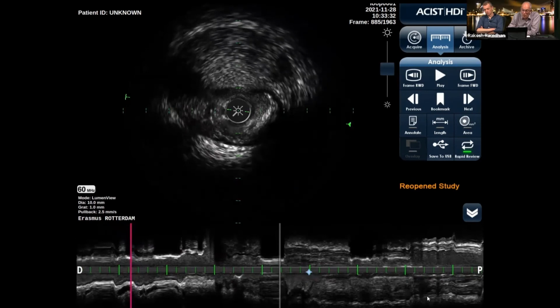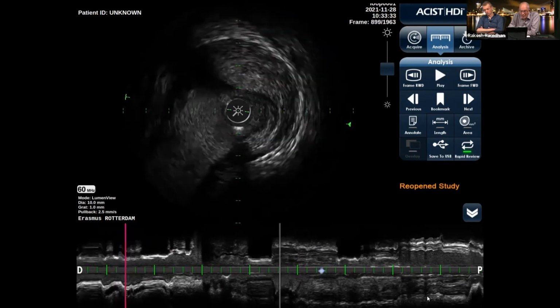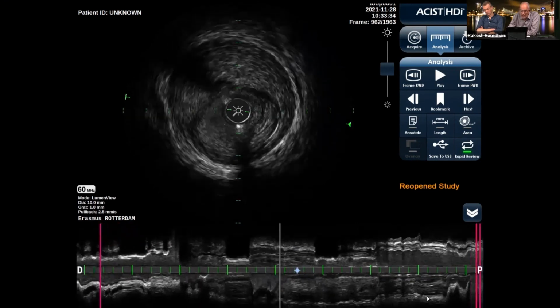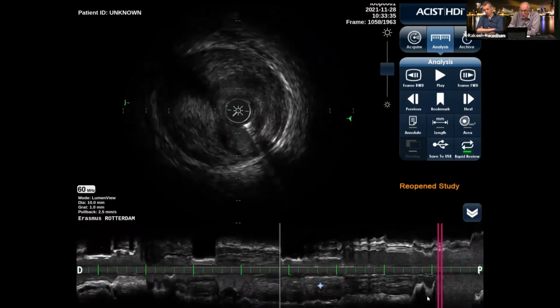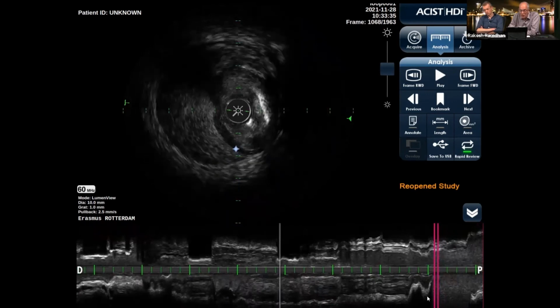So we have still the plaque, we have in the lumen here, we have the calcium, we have the compressed lumen due to the hematoma, and it all goes all the way to the bifurcation. You see, we have no thrombus in here. This is slowly moving blood into a hematoma.